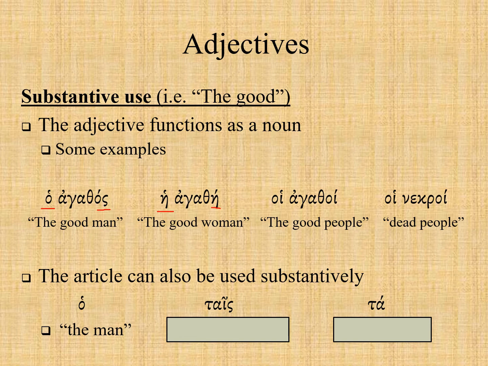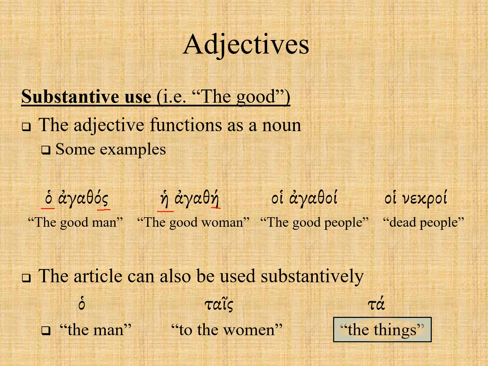And next, we have the word hais, we can translate it as the women, because it is the feminine plural dative form of the article. And finally, we have the plural neuter article, either in nominative or accusative case. So we could translate that as the things.